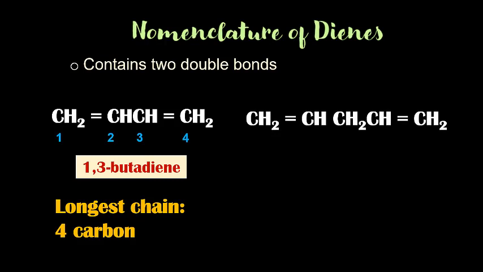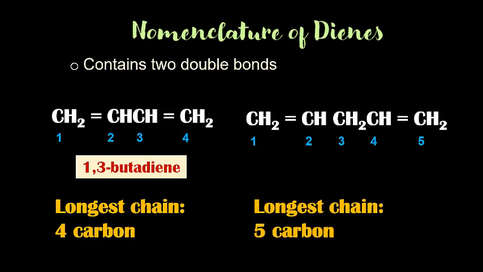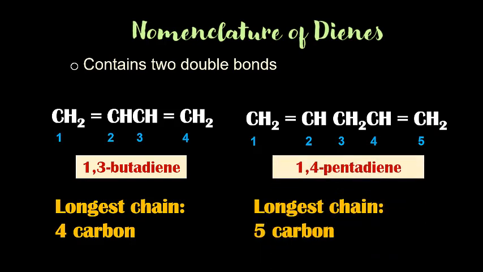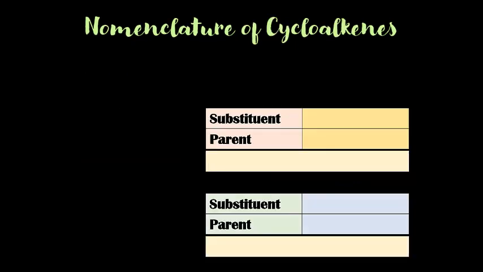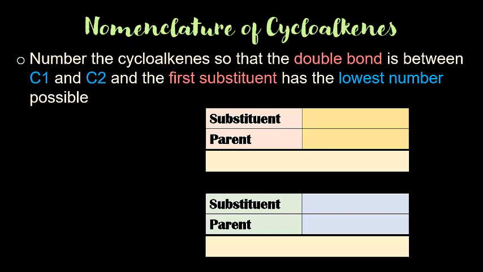For this compound, the double bonds are placed between carbon number 1 and carbon number 2, and also carbon number 4 and carbon number 5. The longest chain of carbon is 5, so the IUPAC name is 1,4-pentadiene.